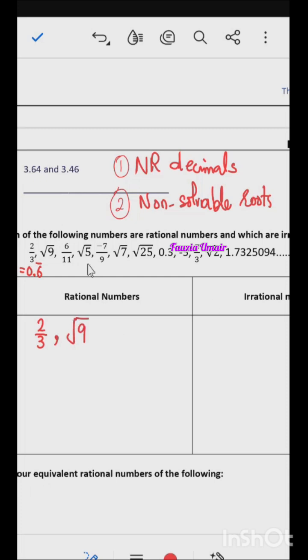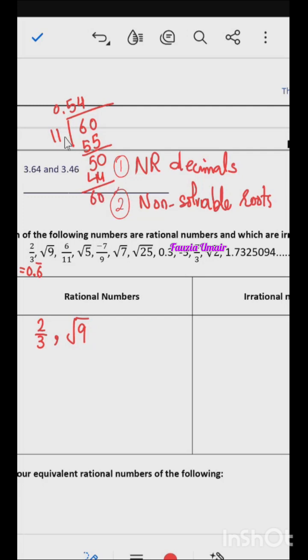So next is 6 by 11. What is the answer of 6 by 11? If I divide it, 11 5s are 55. So I'm getting 50 again, 11 4s are 44. So we will keep dividing. This is still 60, so 60 is back again.